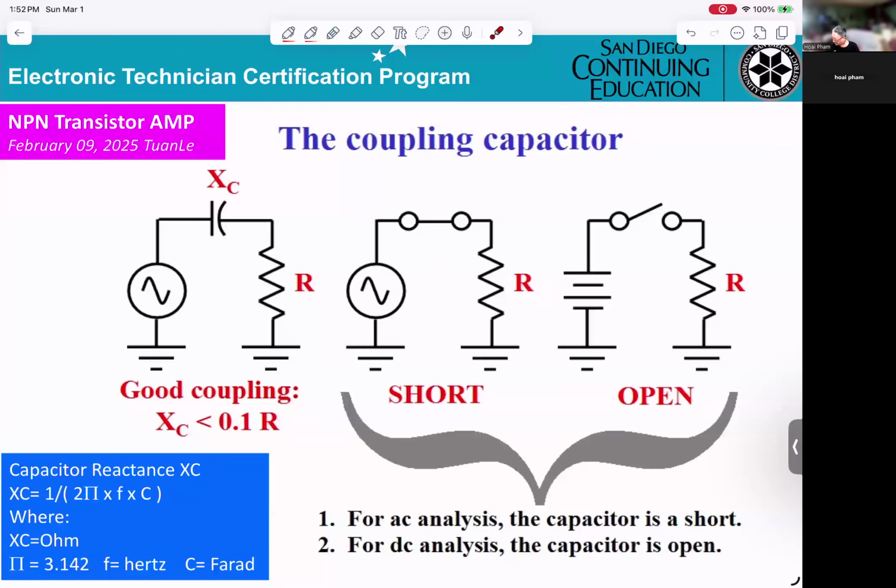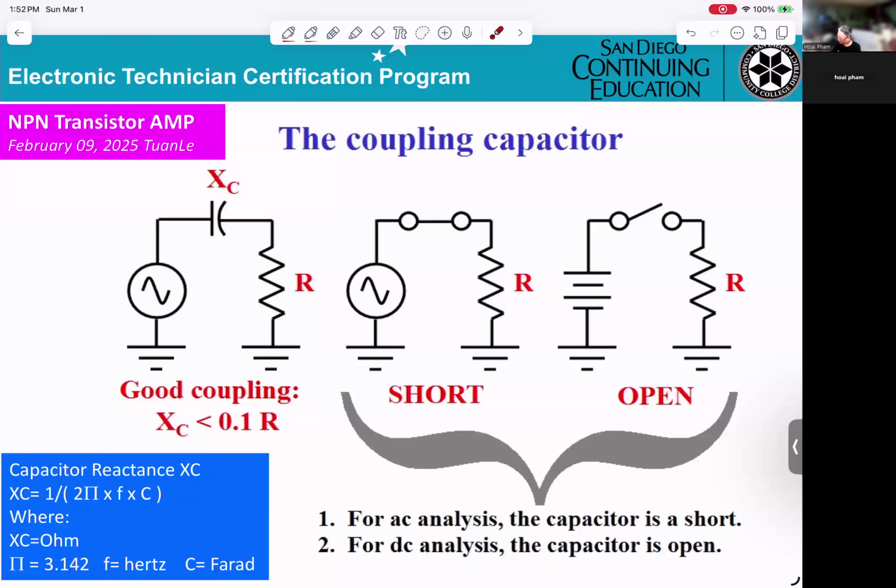So the capacitor reactance Xc equals 1 over 2 pi times F times C, where pi equals 3.142, F will be in Hertz, and C will be in Farad.